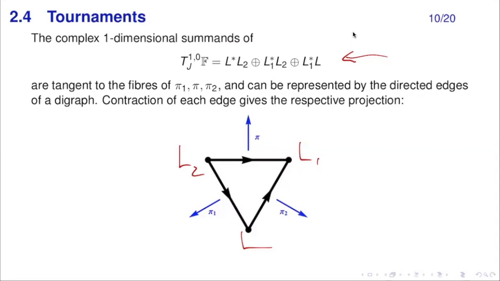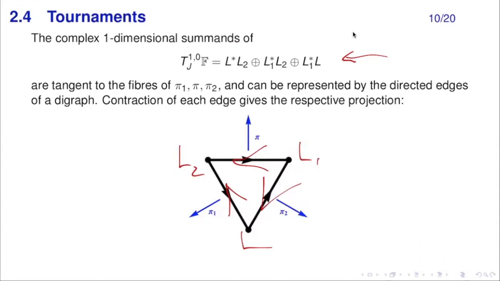So L star L2, I should really think of the arrows going that way. L1 star L2, the arrows going that way. L1 star L, the arrows going that way. Notice this is not a cycle, and that tells you that the almost complex structure is integrable.